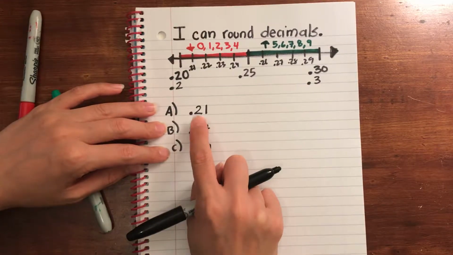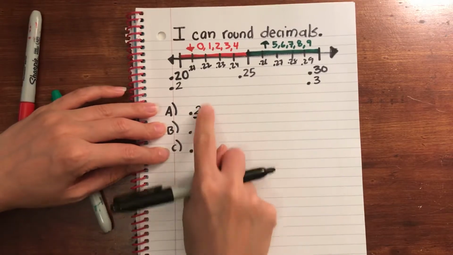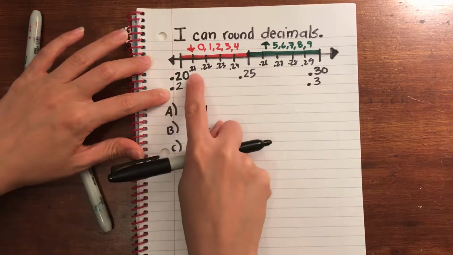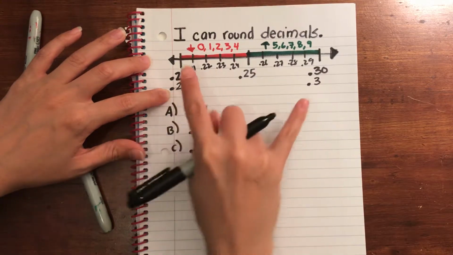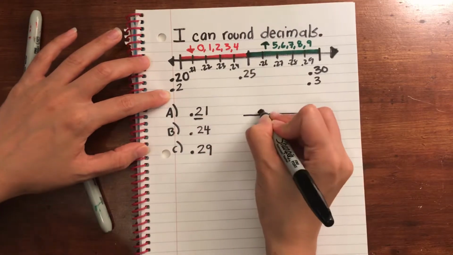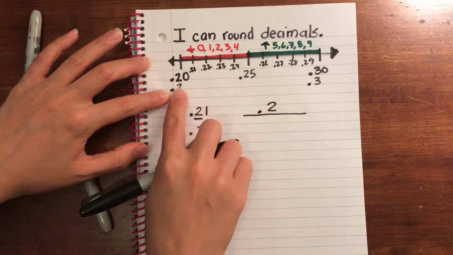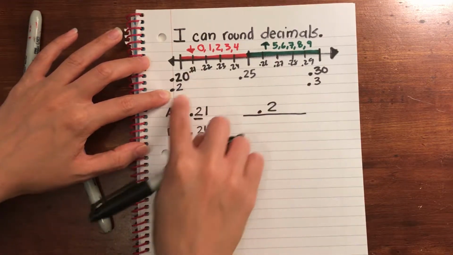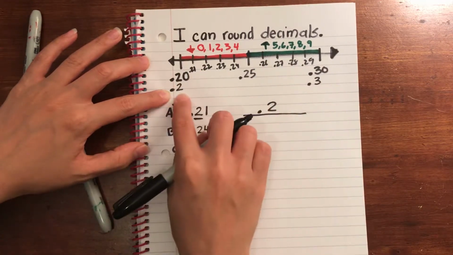So 21 hundredths, if I say to round this to the nearest tenth, I'm going to look at my hundredths and visually see, is 21 hundredths closer to 2 tenths or is 21 hundredths closer to 3 tenths? You can quickly see this distance is shorter than this distance. So I would round 21 hundredths to 2 tenths because it's closer. That's why you round down rather than rounding up. You're not taking away the 1, you're just rounding to the nearest place value given, this being tenths.